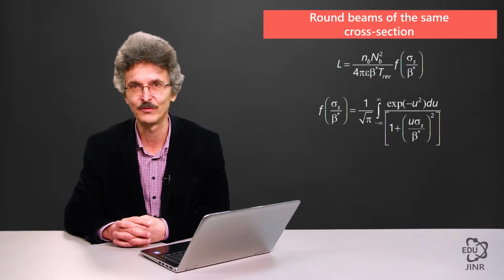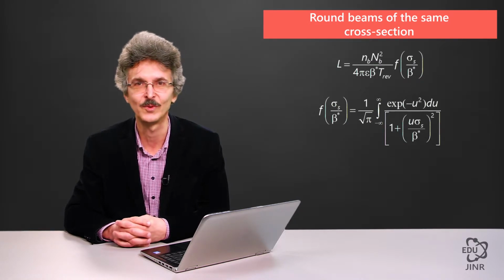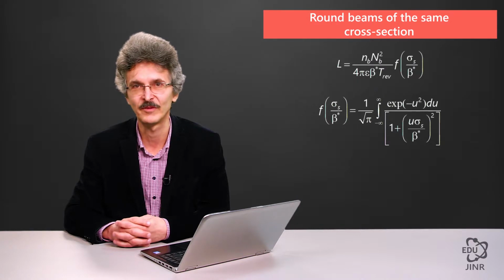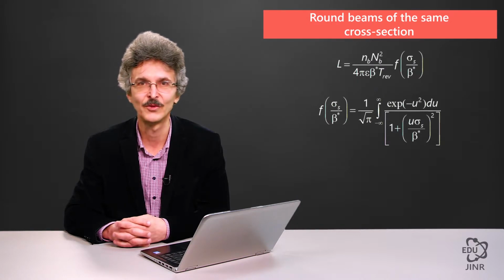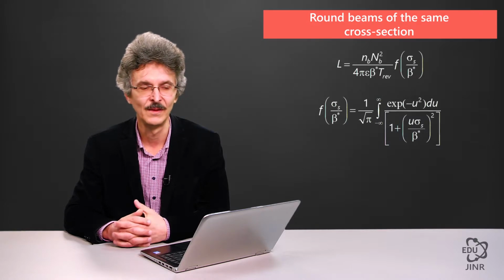For example, despite the fact that the circumference may be large, the number of the bunches in a collider is always limited. For a detector to work normally, one needs to avoid parasitic collisions inside the detector, and hence, the distance between the colliding bunches has to be larger than the longitude of the detector.